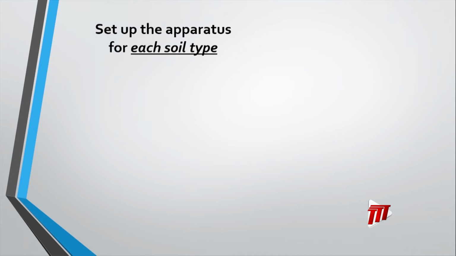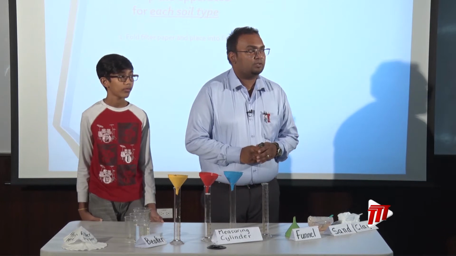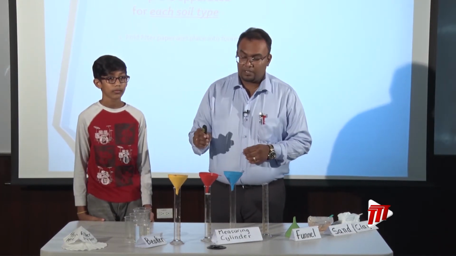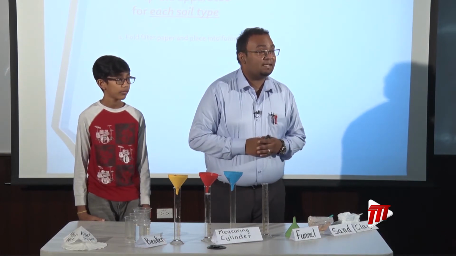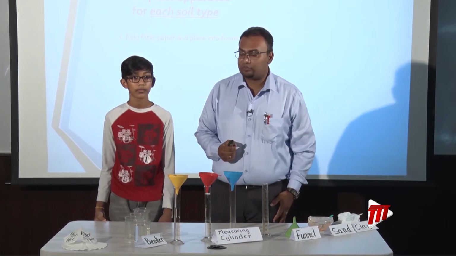Right, so we are moving on to our second activity, and here now we would be looking at the soil type and its water retention. We learned already how to use a measuring cylinder, but for the first part of this, we would need to identify all of the things that we would need to do this experiment.